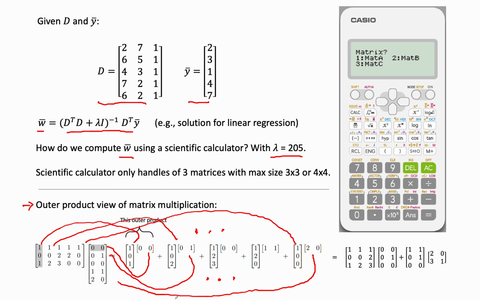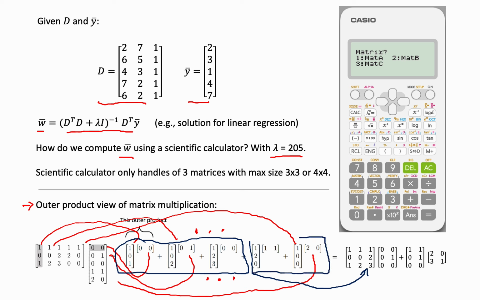And with the same idea, we will be able to rewrite the first 3 outer products back to matrix products form. Similarly, for the next 2 outer products, we will be able to rewrite it back into matrix multiplications form.